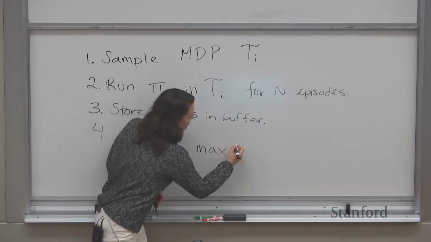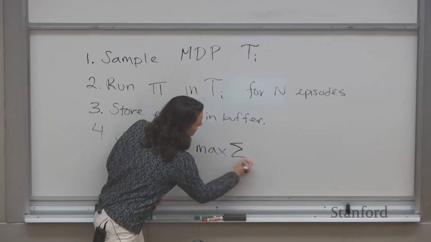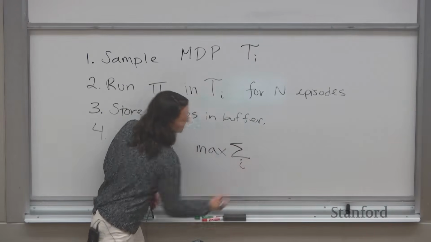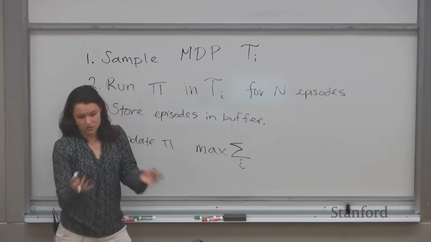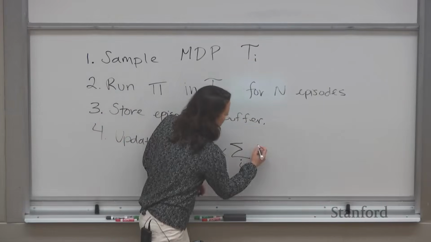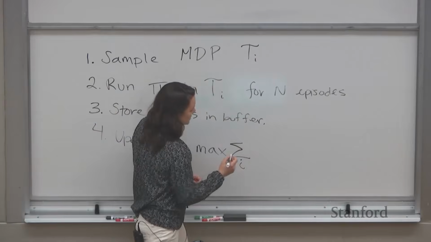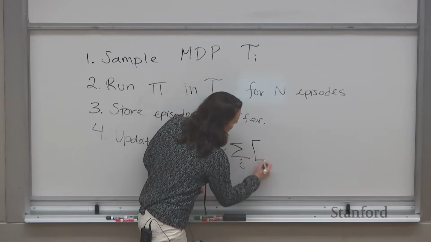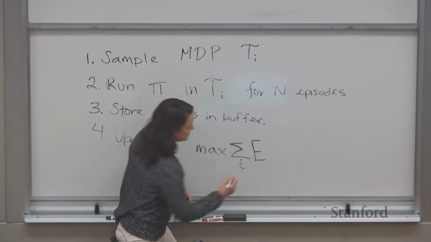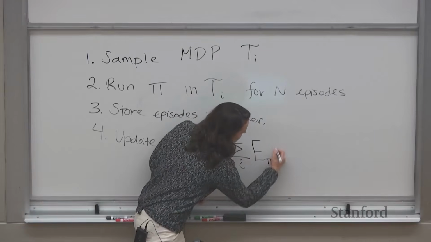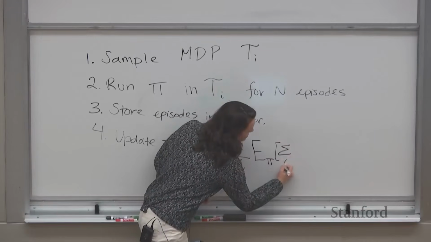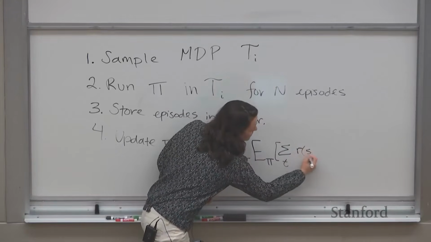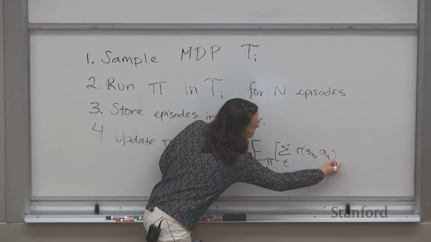So we'll have some sum over tasks i in some mini batch, and then the expected sum of rewards. This would be an expectation under our policy of the sum of rewards over different time steps.